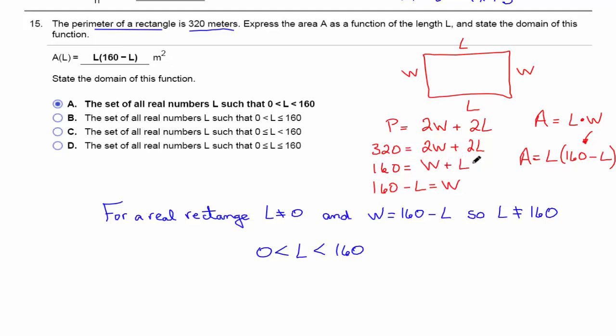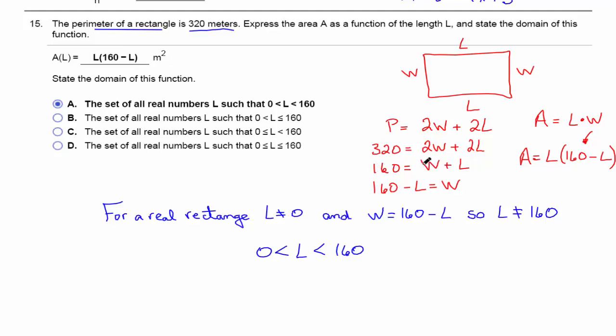So now hold that thought. They also say express the area as a function of length. Well, what's area of a rectangle? It's the length times the width. They want me to write a formula for A with only the length. So I take this thing right here that we had with the perimeter.